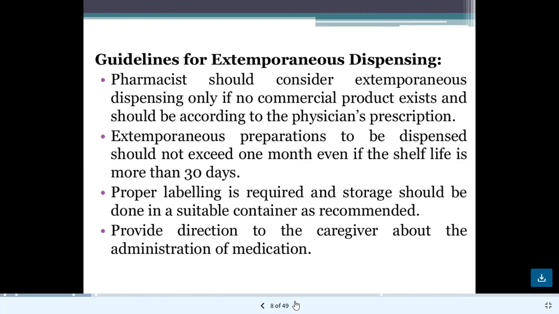Extemporaneous preparation to be dispensed should not exceed 1 month even if the shelf life is more than 30 days. Proper labeling is required and storage should be done in a suitable container as recommended. Provide direction to the caregiver about the administration of medication.